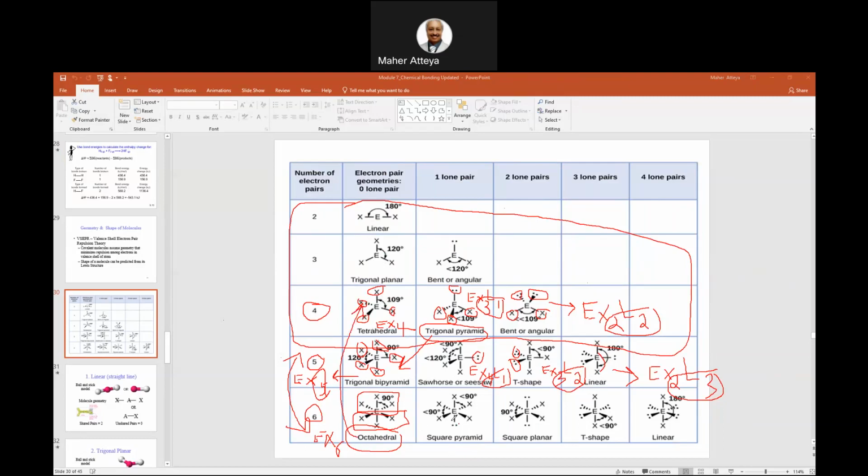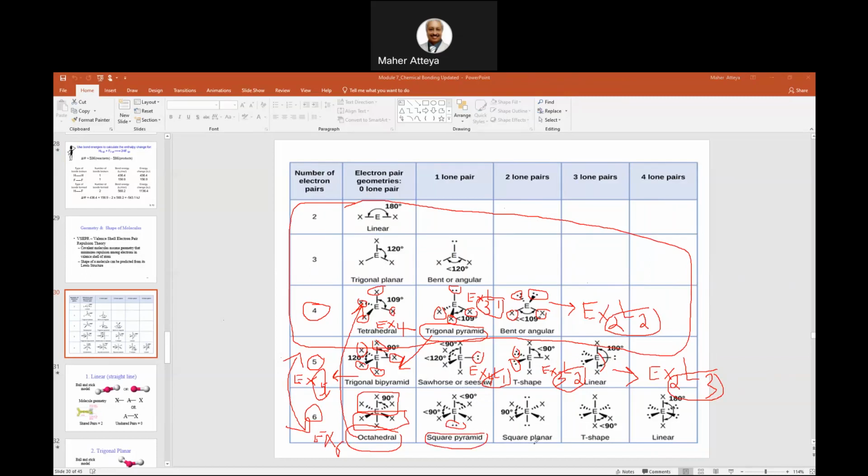Here is 1, correct? And it has to be 6 all the time. And this is five terminals, 5 sigma bonds, 5 single bonds, and 1 lone pair, 6. And the shape of it is square pyramid. You have less than 90 degrees.